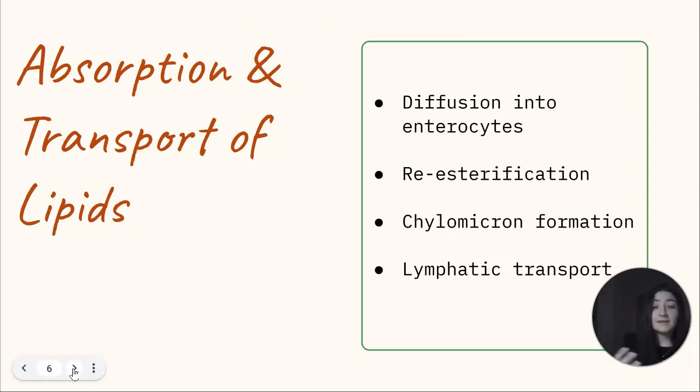Instead, they need to enter the lacteals and travel through the lymphatic system before they're able to actually reach the bloodstream. This unique pathway prevents sudden increases in blood lipid levels, if that makes sense, and demonstrates coordination between both the digestive and lymphatic system. Yet again, our body is made up of a bunch of systems who like to coordinate. This is just one example.